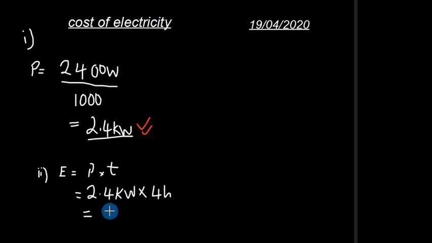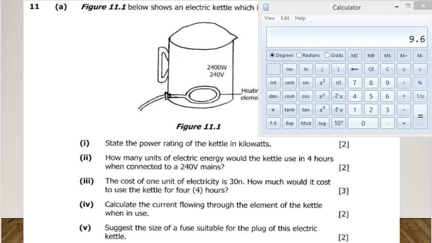By that, we get 9.6 kilowatt hours, or if you want, you can say units. The question was how many units. So you can say units or kilowatt hours, because a kilowatt hour is actually the unit of electricity. So you get 2 marks for that.